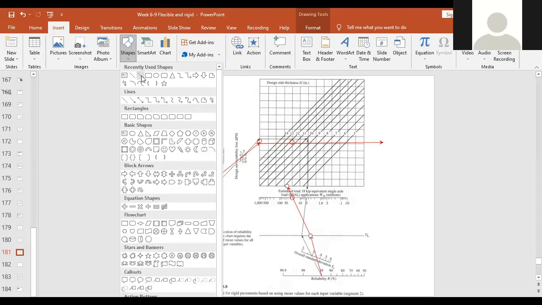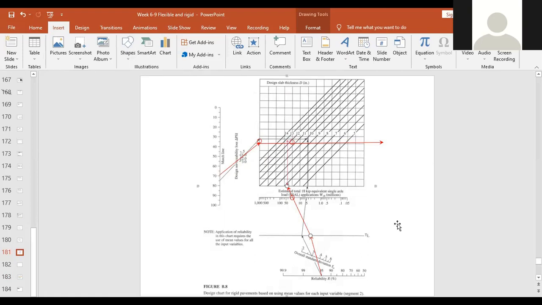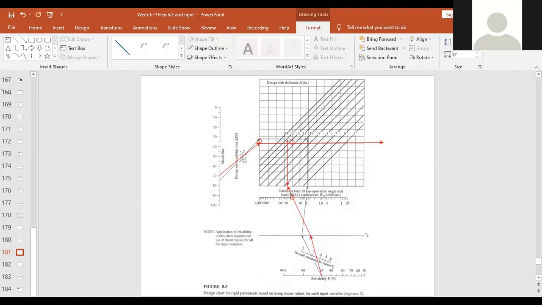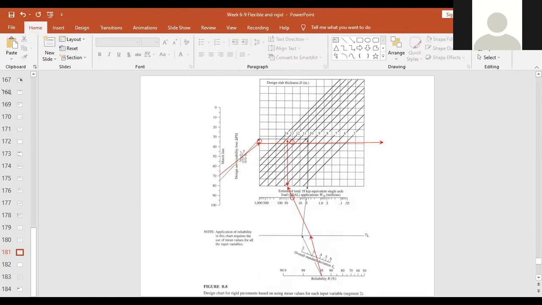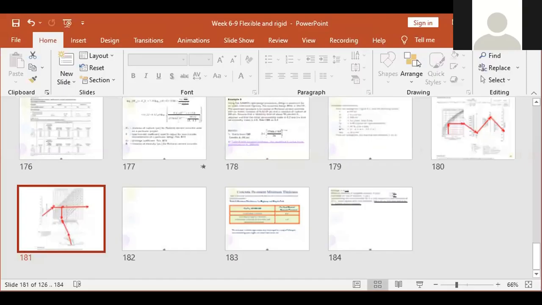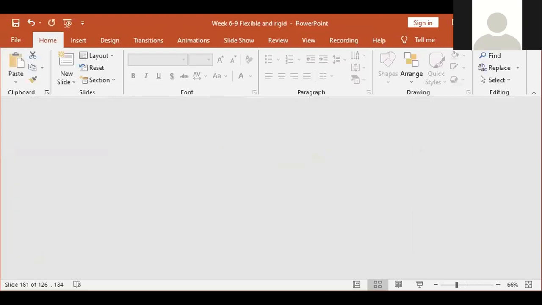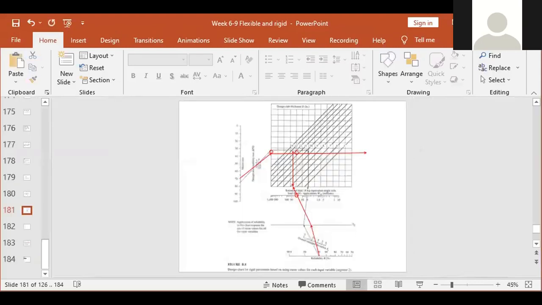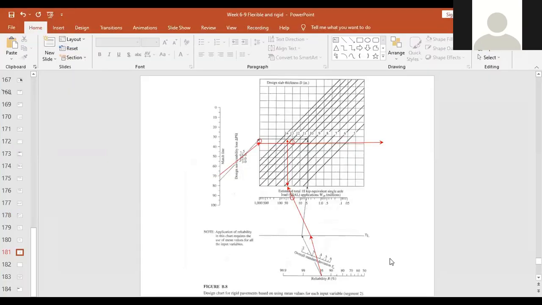I'll start my perpendicular and I'll stop here, so that I can see that this is my point. This is my actual thickness. So my thickness is around 12 inches. So this is my answer.